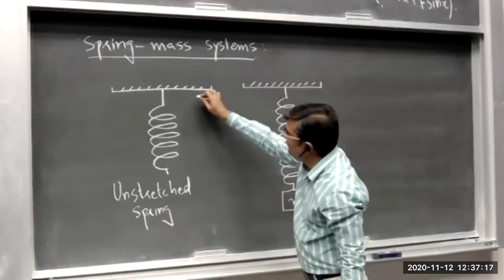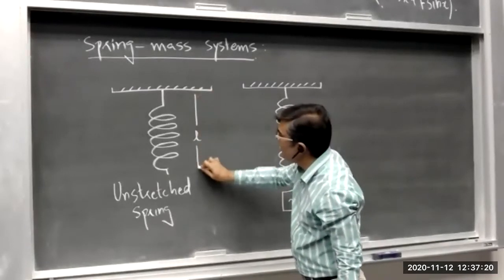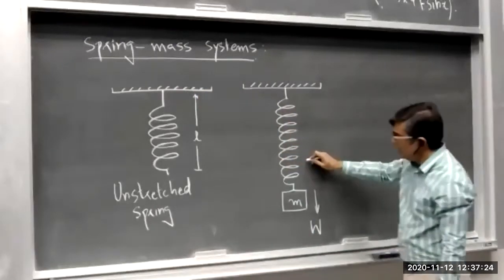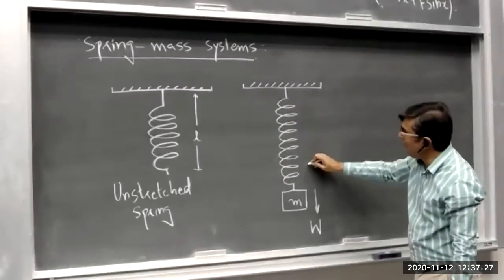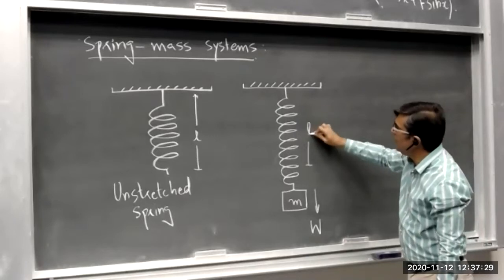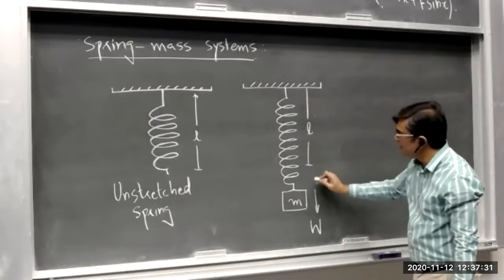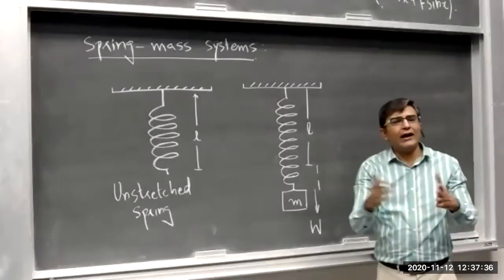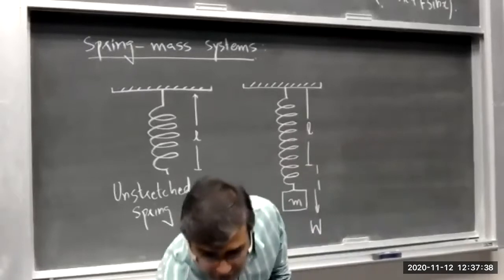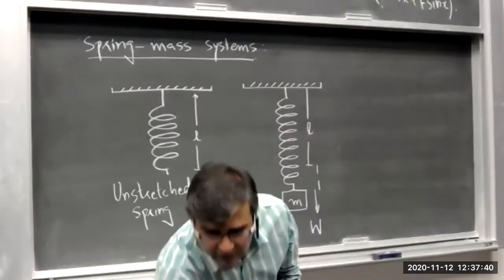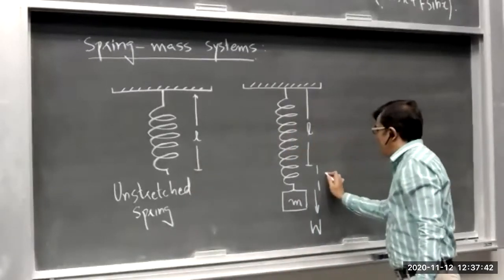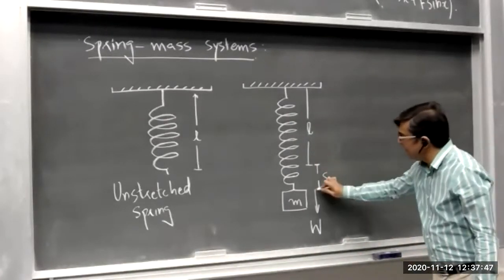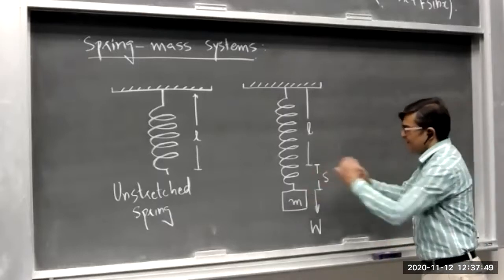So if the original length of this spring is L, then there must be some extension in the length of the spring. This extension or elongation of the spring is denoted by S.